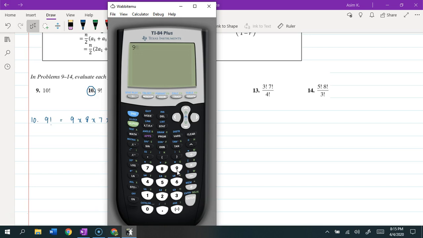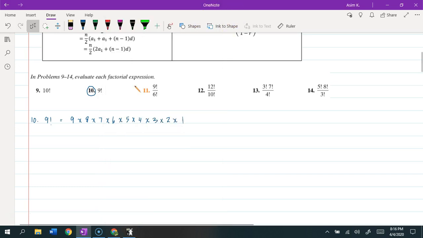You write the number 9 in, of course. Then you go to math, then to PRB, which stands for probability, and then all the way to option number 4. And there you go, that's your exclamation mark. And so the answer is 362,880. If you were to find 9 factorial, that's what it would be.